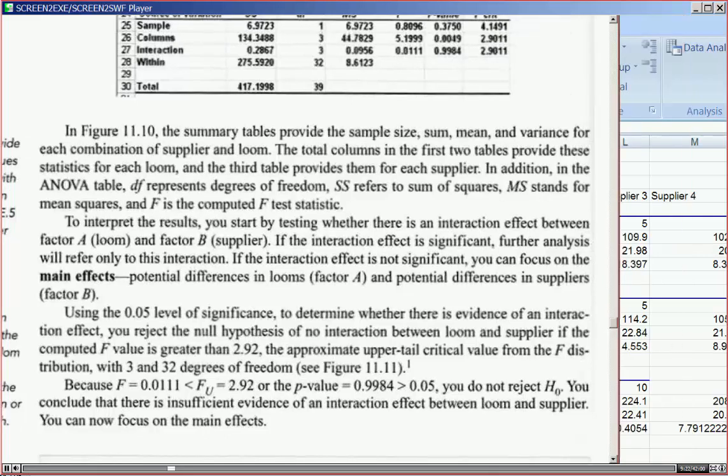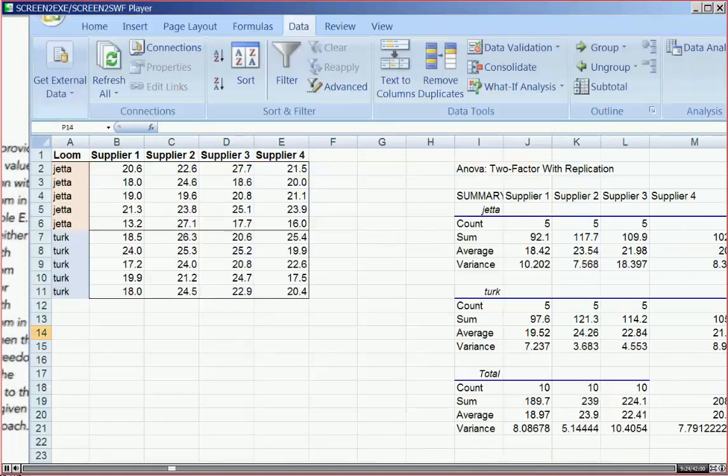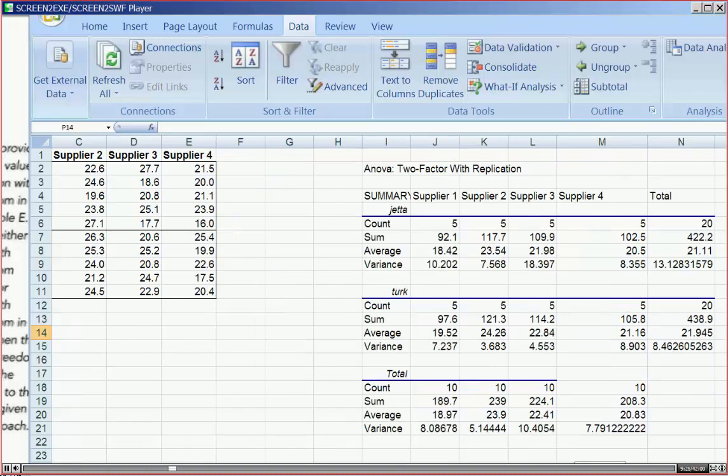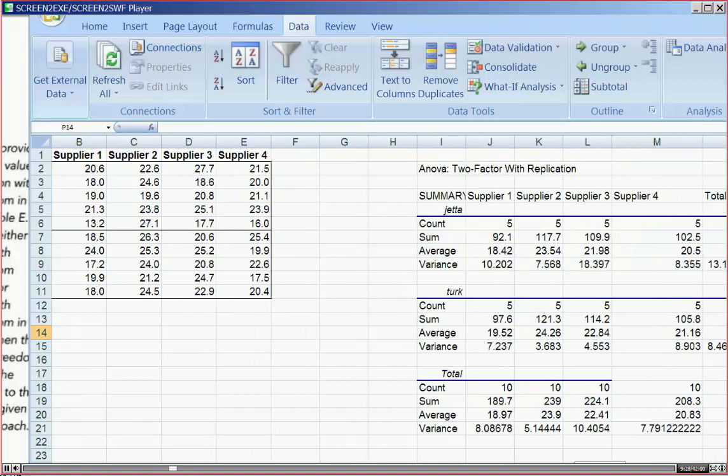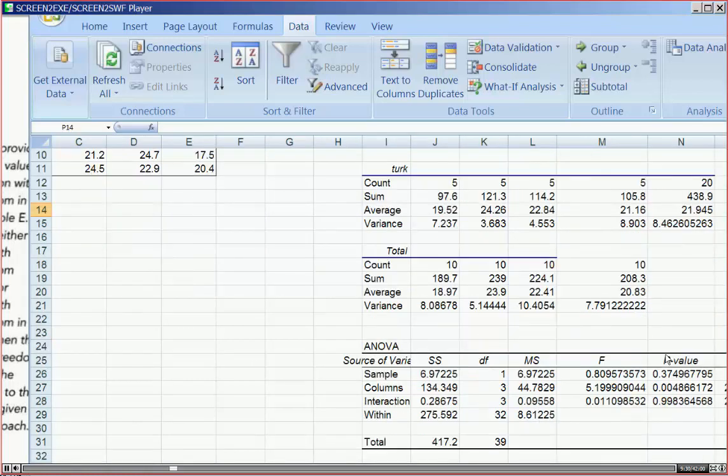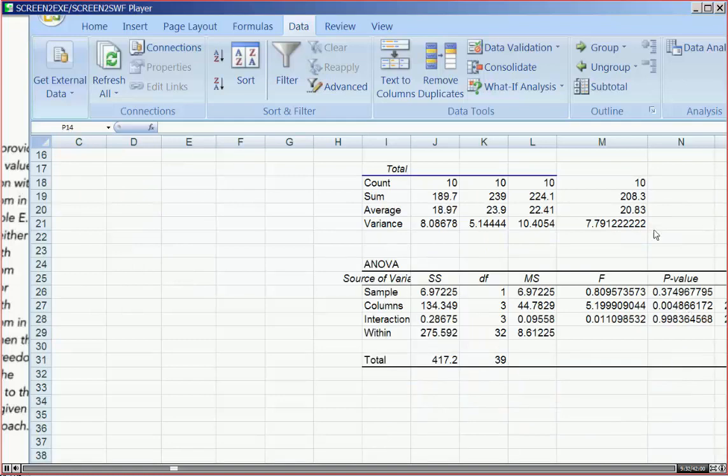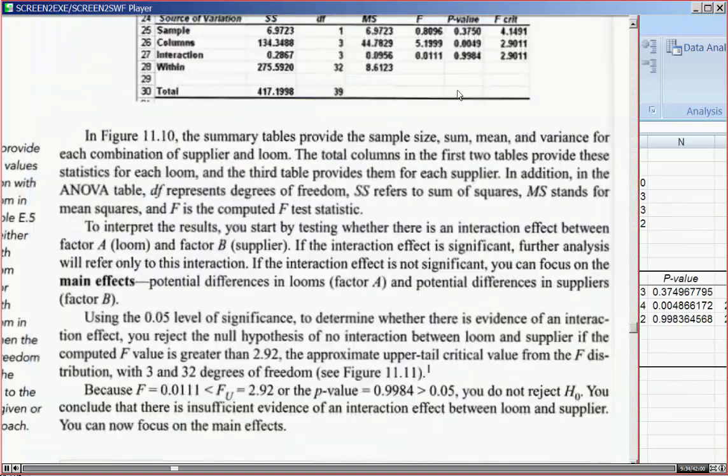See that. .37, that's correct. Critical value for F is 4.14, and everything else is the same. So we have reproduced this test. In figure 11.10, which is this one, right?